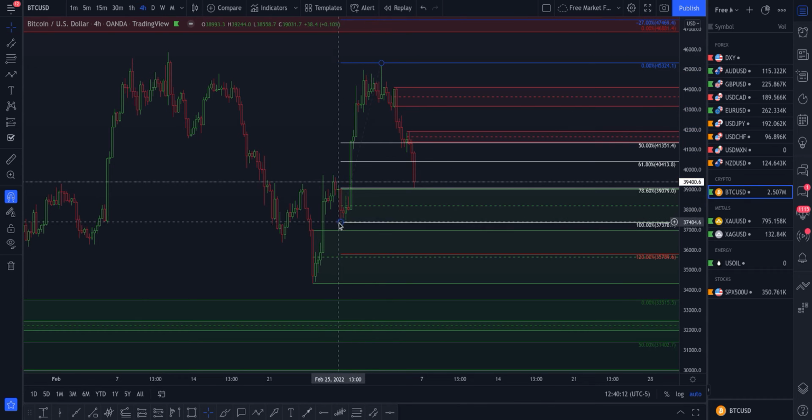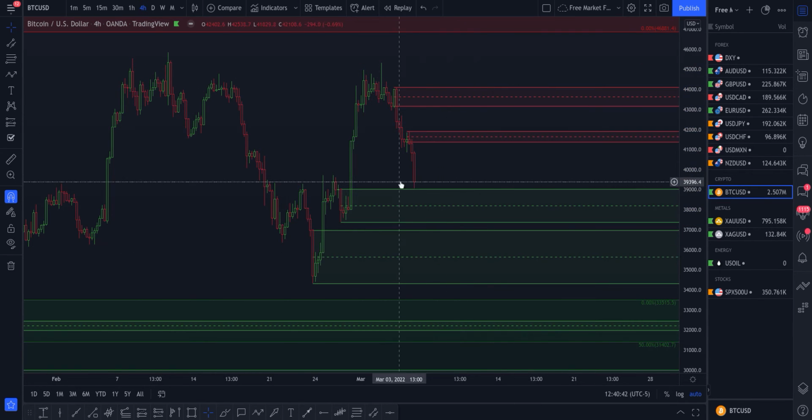If we take a look at this most recent swing low to this most recent swing high, we can see where we did get a reaction off of the 78.6, but again, we could come down more and retrace more before heading up and maybe getting a couple of touches and bounces and pushing through these 4-hour supply zones. So again, for me, the short-term institutional bias is going long.